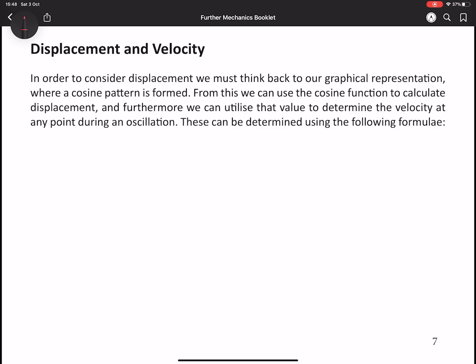Now, if we consider displacement first, we know that it is a cosine pattern that we have represented it as. And technically, you don't have to start at that point, but it's the easier way to link to the equation. The equation being x equals A cos omega t. So x in this case is our displacement, again, from that origin, from that equilibrium position in meters.